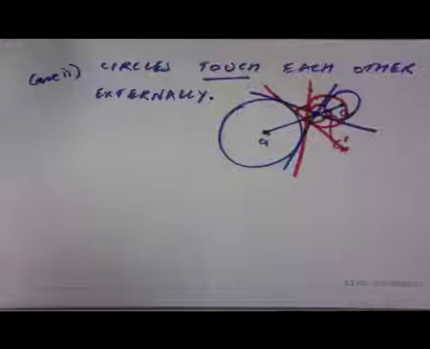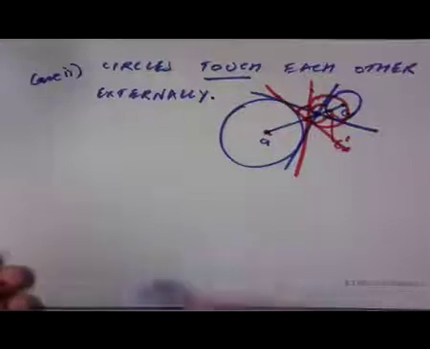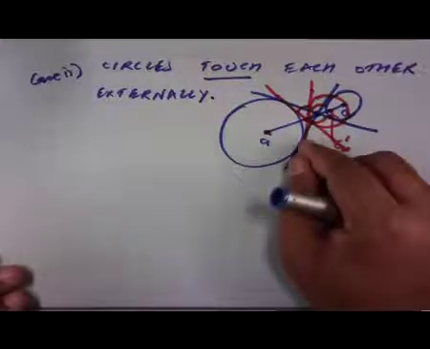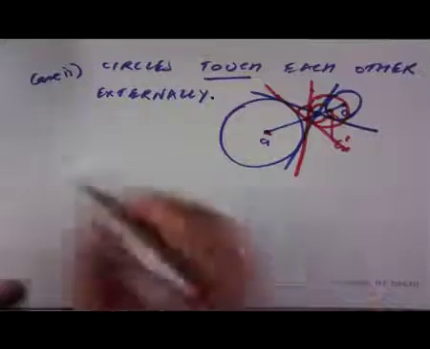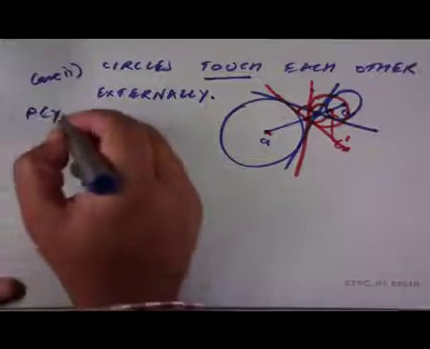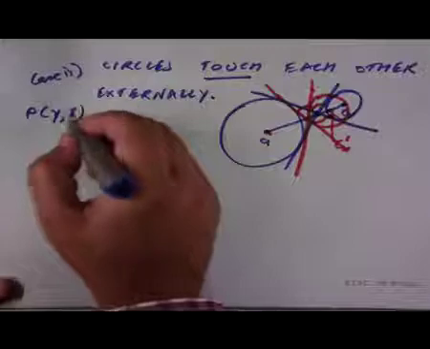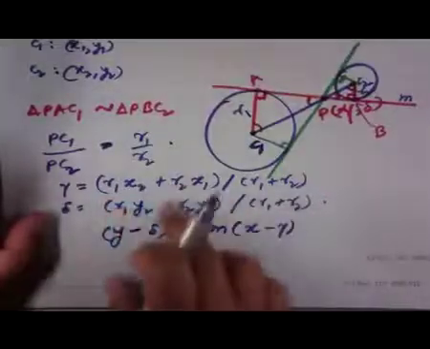If we recollect, the coordinates of the point P were gamma comma delta, where gamma and delta were given by these two equations.